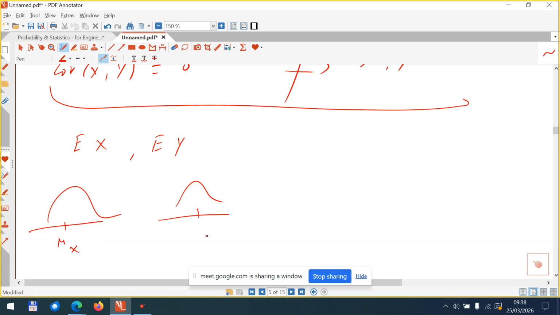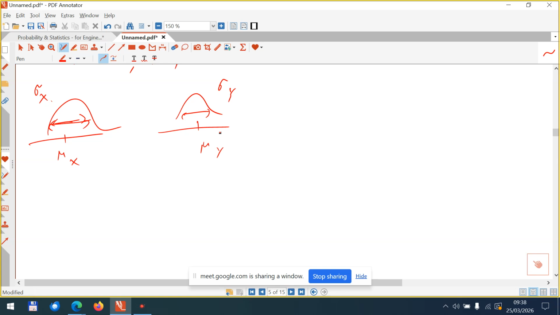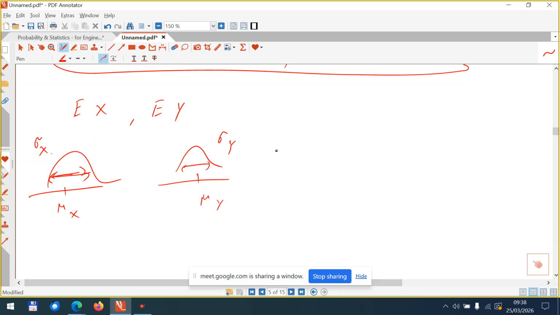So this will be mu X and mu Y. Then we have some measure of the spread of each one of them, which will be sigma X. And normally when you look at the width, you don't write it this way, you just say standard deviation. And standard deviation, sigma Y. Because if you square it, then it will be the square of the width. And we also know now E[XY], which is the covariance.